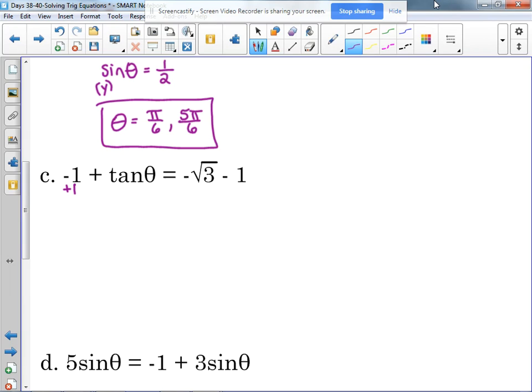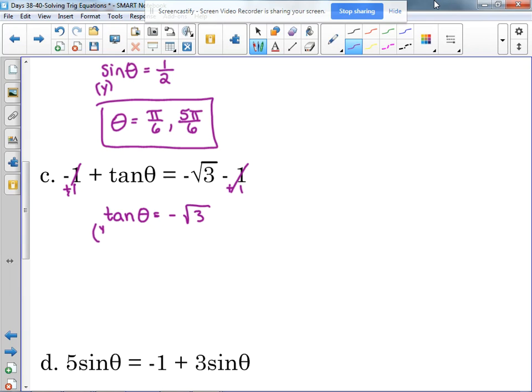So in this case, we've got that -1 in front, so let's add 1 to both sides. So we have the tangent of theta is equal to -1 plus 1. Cancels on both sides here. Usually that doesn't happen, but it does here. So it's just equal to the -√3.